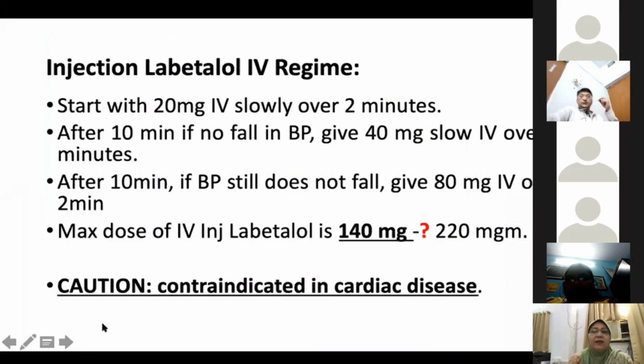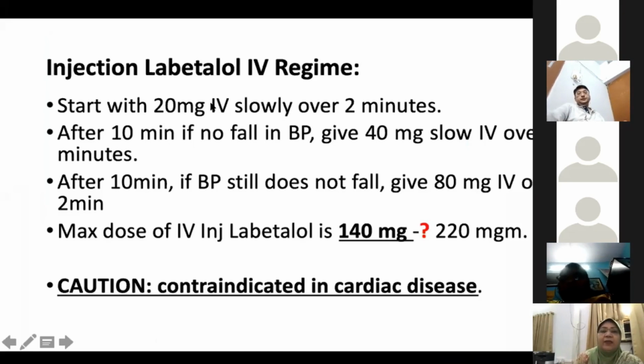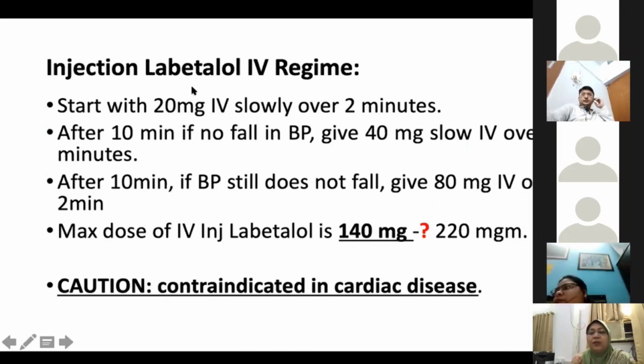So you start injection labetalol IV 20 milligrams slowly over 2 minutes. After 10 minutes, if there is no fall in blood pressure, give 40 milligrams slowly. After 10 minutes, if still no response, you can repeat 80. So look here. Two, three things you have to notice.